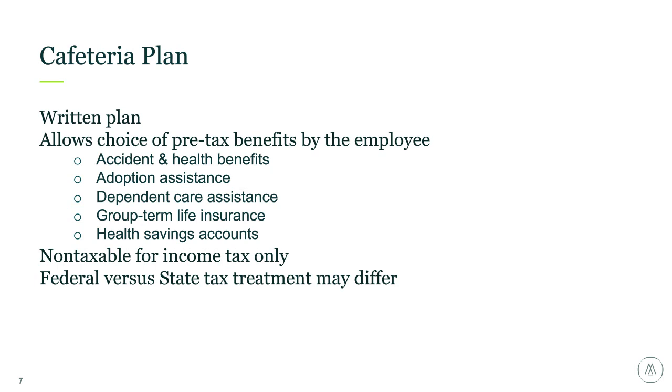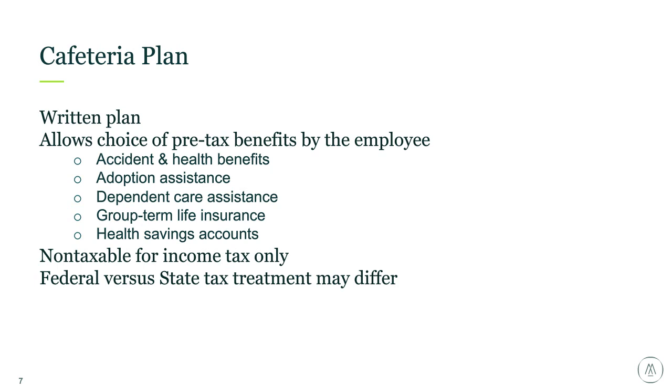It allows the employee to elect to have their share of the health benefits or other types of benefits, health savings accounts, taken out of their compensation on a pre-tax basis. And when I say pre-tax, this is no Social Security, no Medicare. It comes off the top without ever hitting their W-2 because they have elected benefits as opposed to wages.